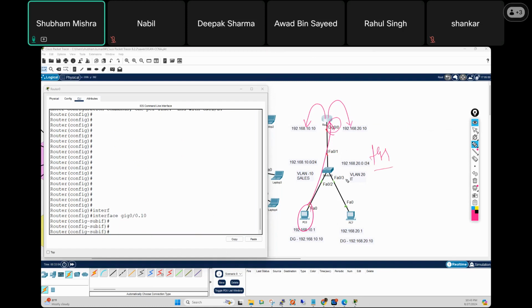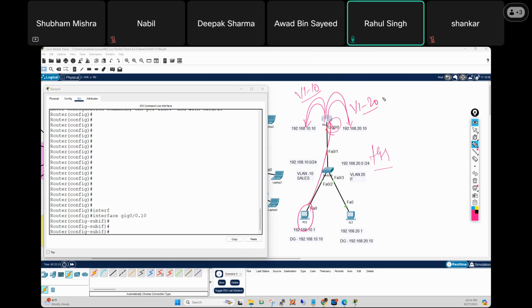When the router forwards the packet towards here, the router adds the VLAN number 10 tag inside the packet. And when the router forwards this packet here, it adds the VLAN tag 20. Are you getting my point, everyone?